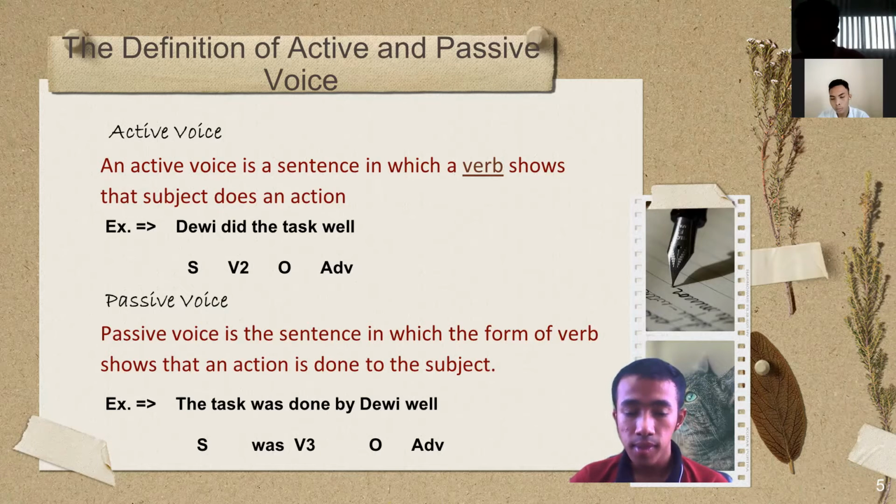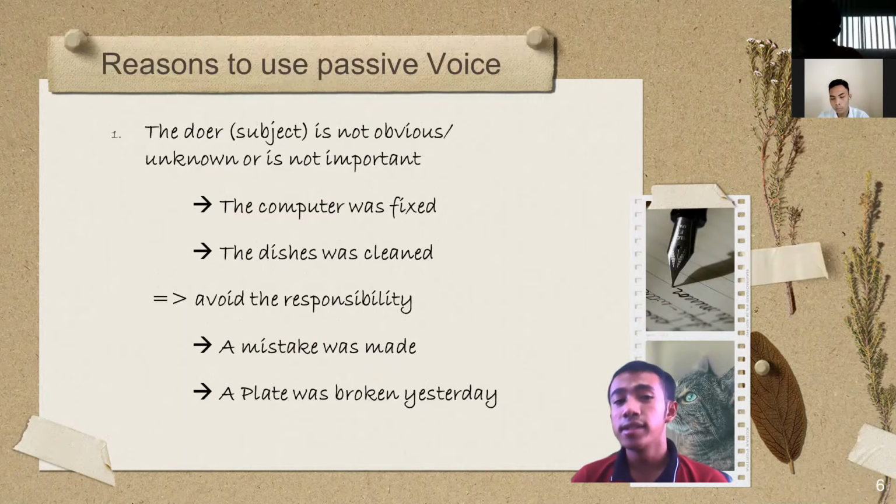Okay, next, reasons to use passive voice. There are 3 reasons in our discussion today. The first reason to use passive voice is when the subject is not obvious, or unknown, or is not important. Let's see the first example: the computer was fixed.